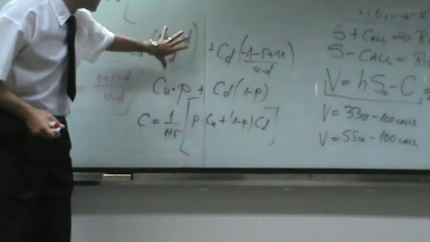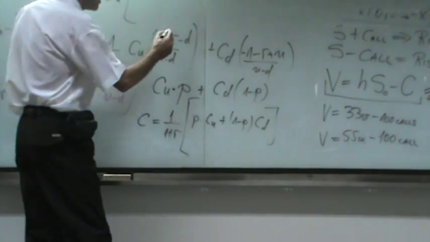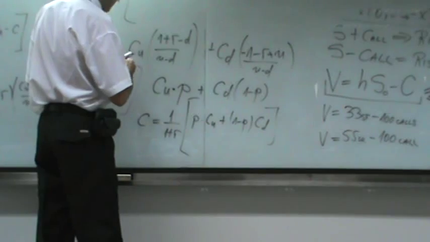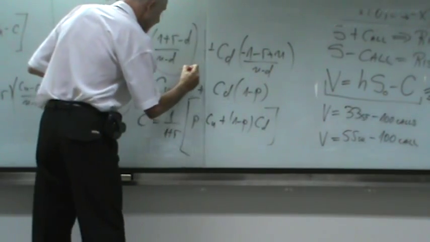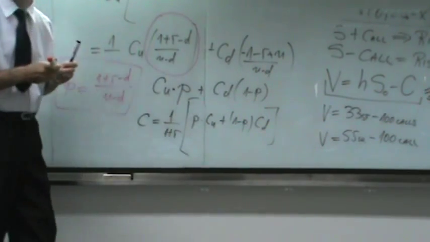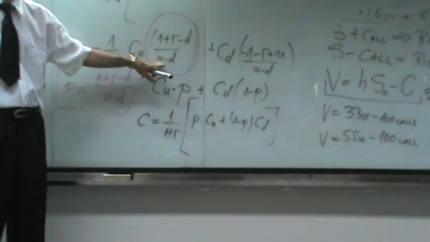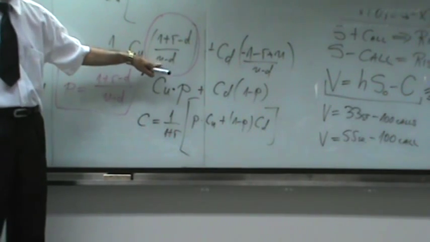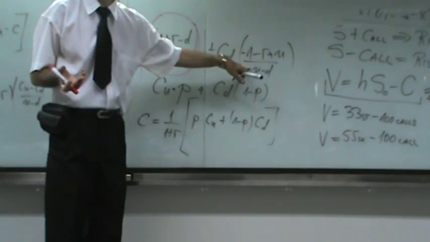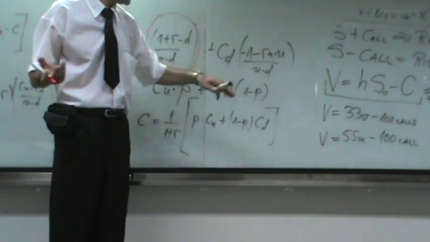So this piece over here gives you the chance or the probability of going up. Okay? It sounds like complicated math, but that's the chance of going up. And this is the chance of going down. Okay?